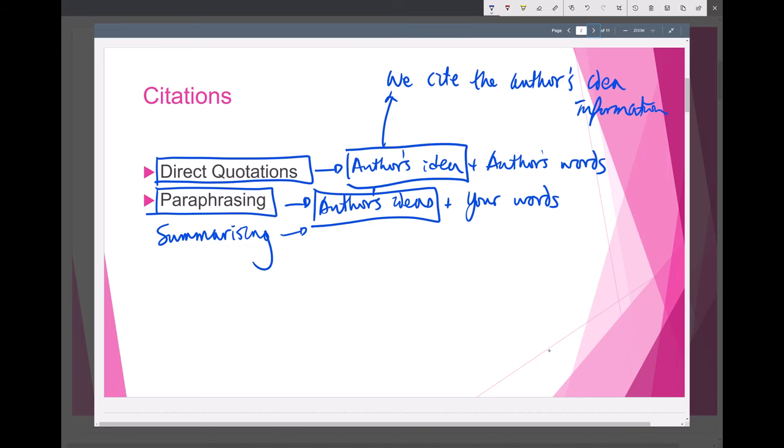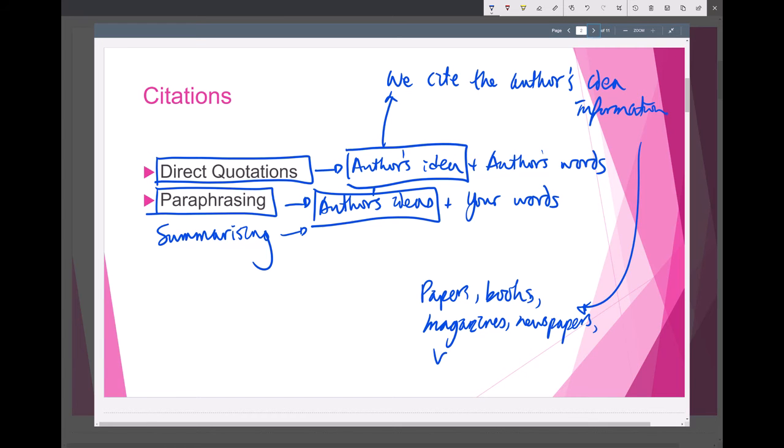So these include things like papers, books, magazines, newspapers, videos, lectures, anything really.